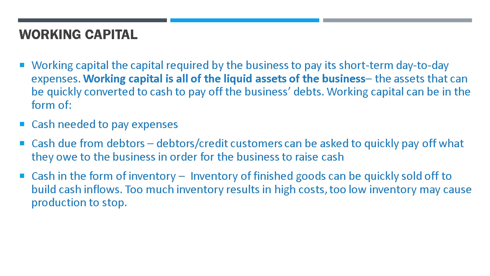There is a point to be noted. Too much inventory results in high costs, because too much inventory of finished goods, more than the required demand, will result in cash tied up in the form of inventory, which will also hike the business costs.